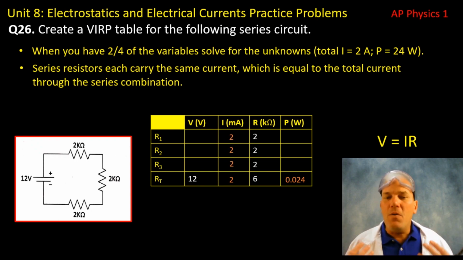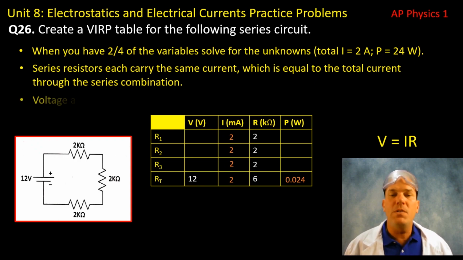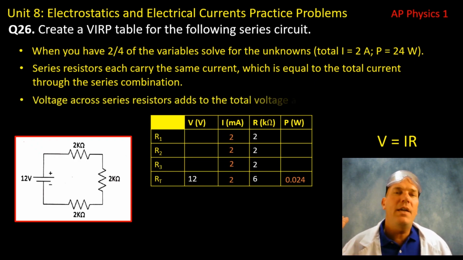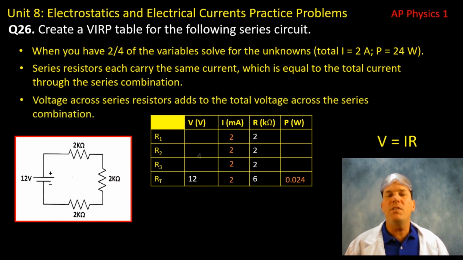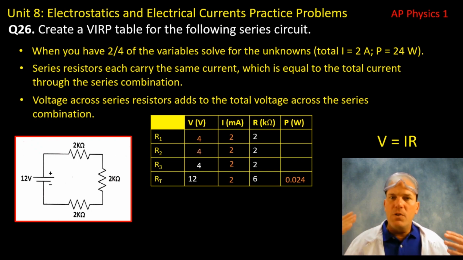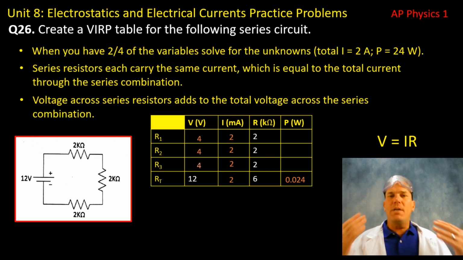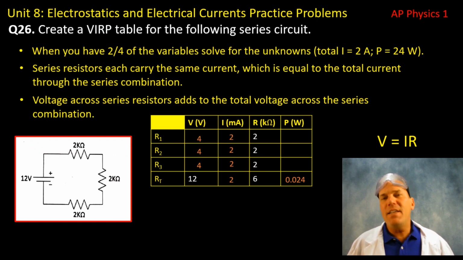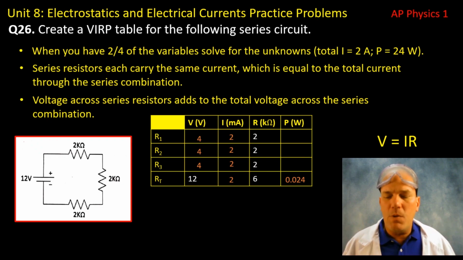And now, because in regards to Ohm's law we have 2 out of the 3 variables, we can go ahead and calculate the potential difference across each one, which should add up to the total potential difference because these are all in series. And indeed, 4 plus 4 plus 4 equals 12 volts.